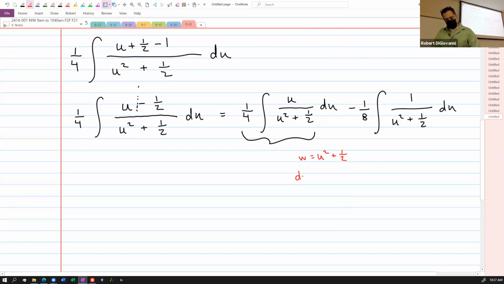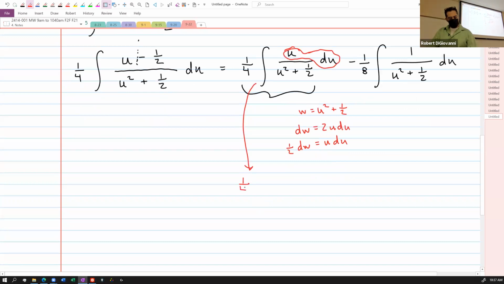And then dw would be equal to 2u du. And we have up top u du, don't we? So we're off by 2. So we scale it, 1/2 dw equals u du. And so how can we rewrite this whole integral? 1/4.